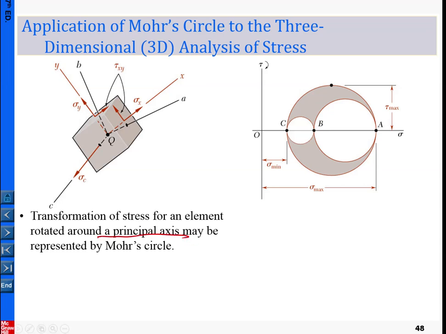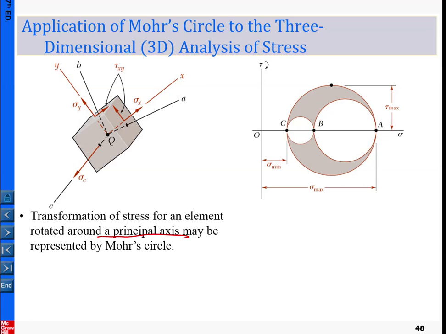So that means the particular condition is such that for you to apply the Mohr circle for taking care of the 3-dimensional transformation of the stress, you must start with the principal direction. This is the very strict condition to meet. If not, then you can't. So now we start from the principal directions.